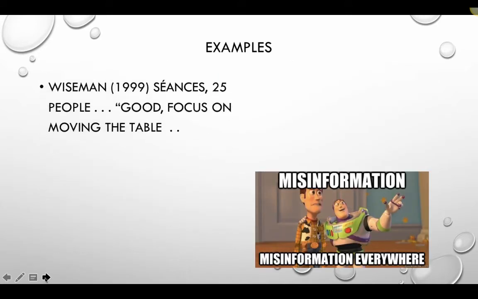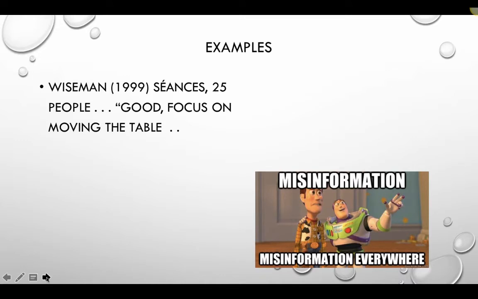Some more examples of this happening. In 1999, Weissman conducted a fake seance with college students. There were 25 college students who had an actor run the seance. And as people tried to remember loved ones who were lost, and they were joining hands, they were asked to focus on, did the table move?